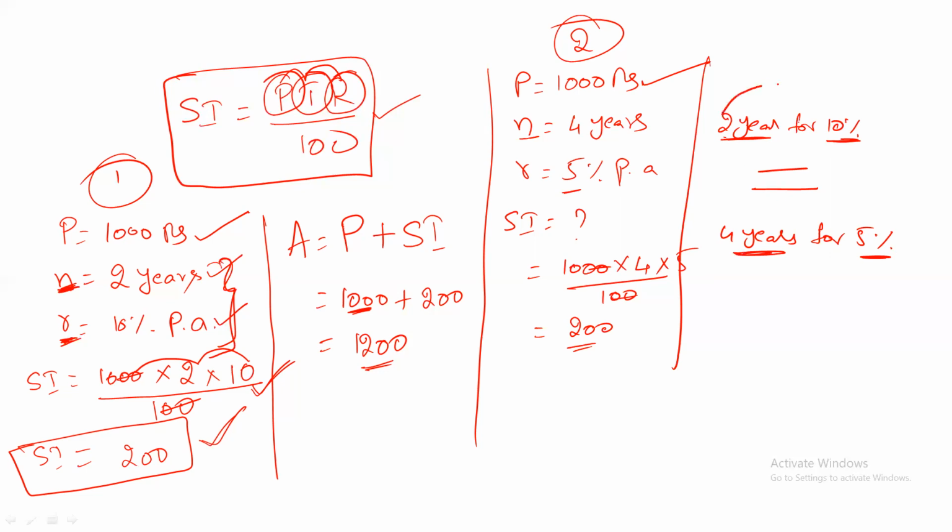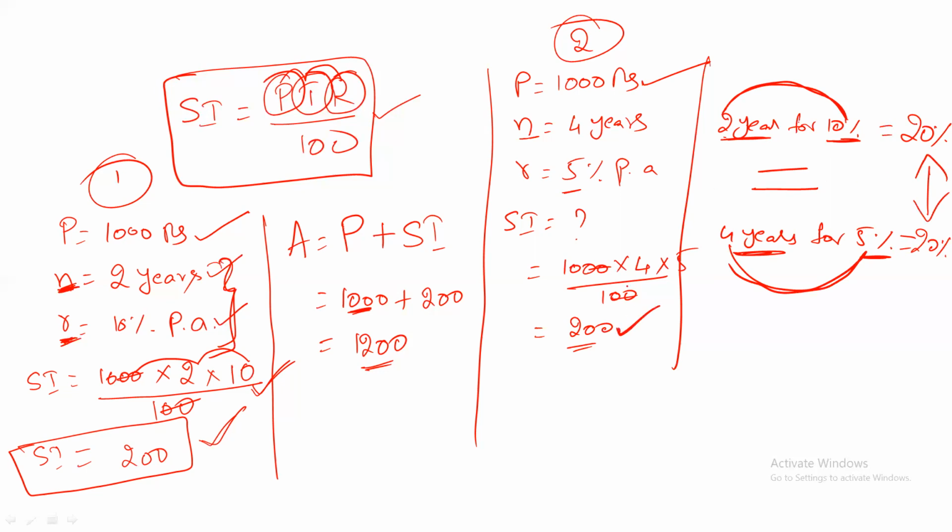If you multiply n and r, the value is 20%. And if you multiply 4 and 5, 4 into 5 is 20%. So we are getting the same values, right? That's the reason you are getting 200 in both cases.